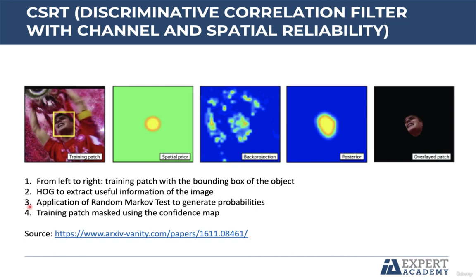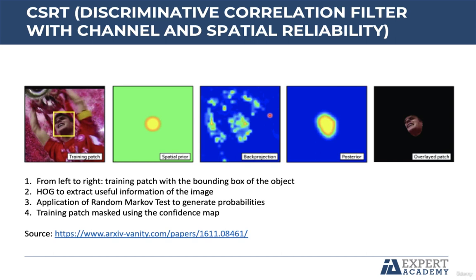In the third step, a random Markov test is applied, which is a mathematical concept, to predict the next image. See here that we have the same shape as the image, as if it were the person's next movement. In this step, probabilities will be generated to indicate the person's movement.